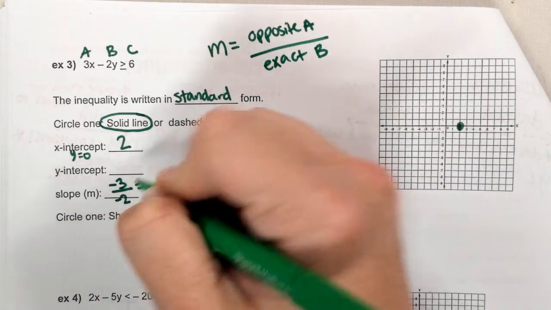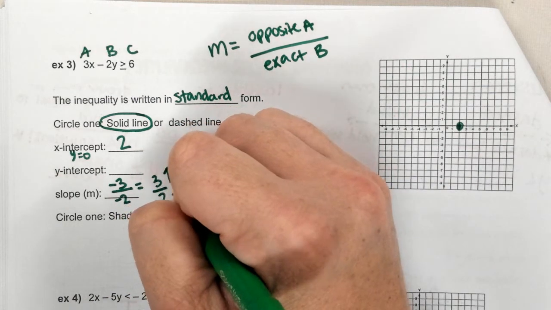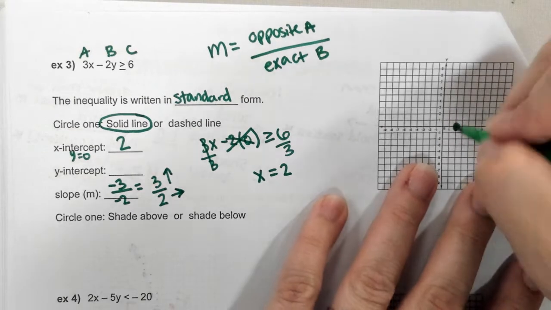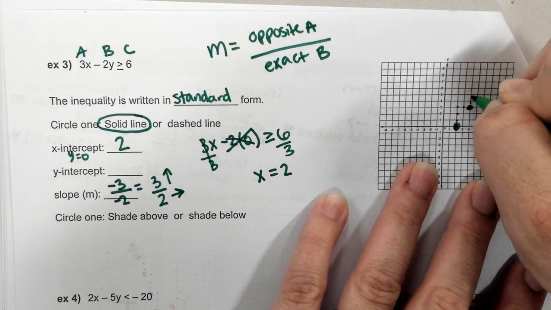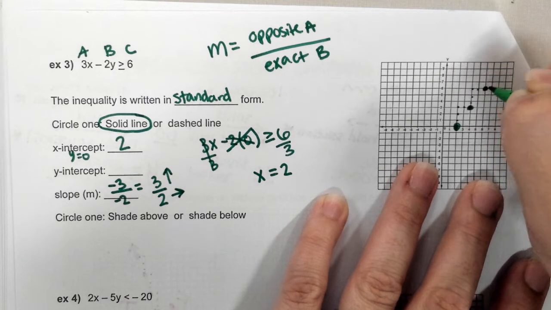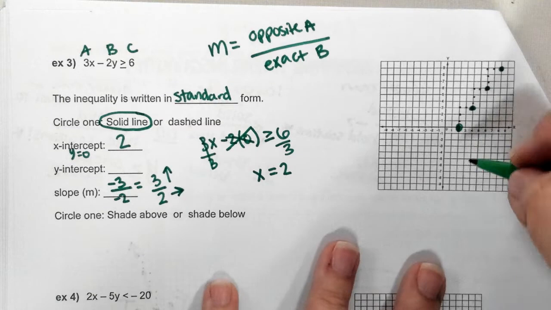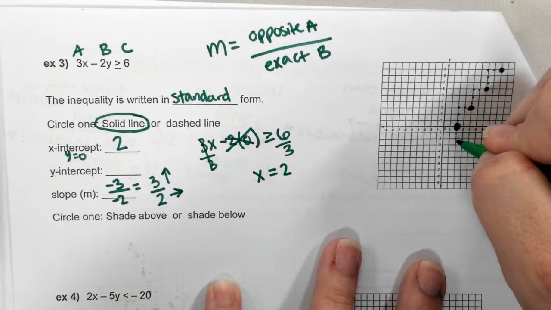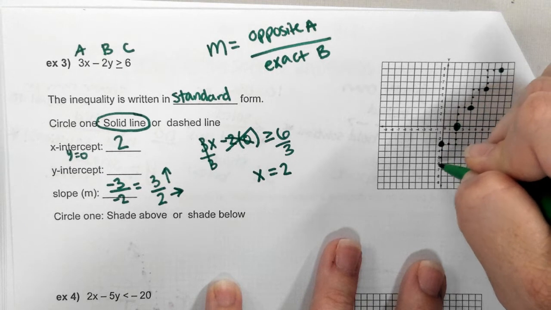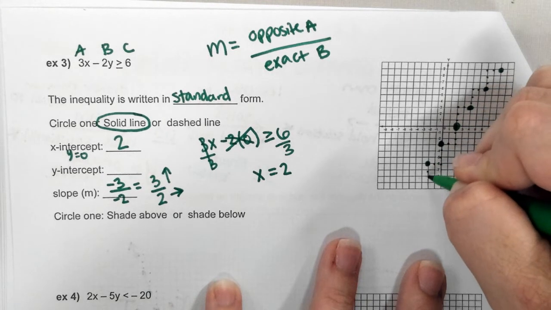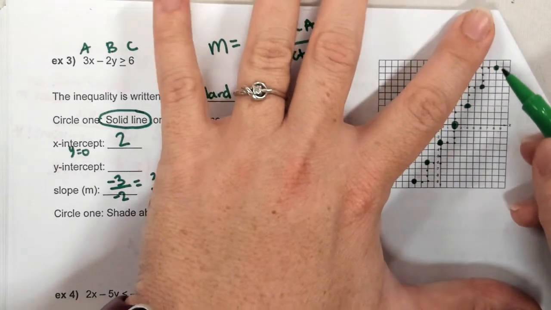And 2 negatives makes a positive. So I'm going to rise 3, run 2. Which means I can also do opposite, opposite, which is down 1, 2, 3, backwards 2. And we are doing a solid line.